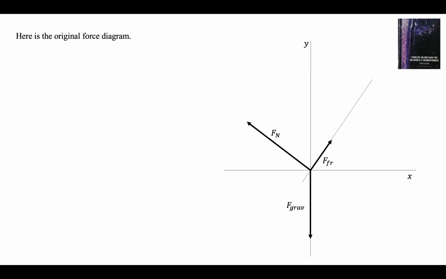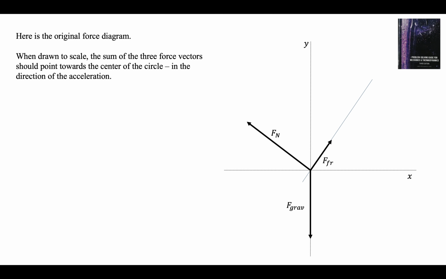So here's the original force diagram. When drawn to scale, if we're careful, the sum of those three vectors should point towards the center of the circle because that's the direction of the acceleration. So let's do that. Here's Fn. Fn's perpendicular to the track. Fr is perpendicular to that, along the track. And now we've got to add gravity, doing the head-to-tail method.